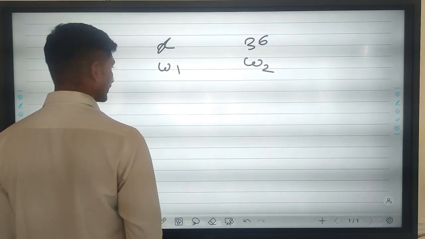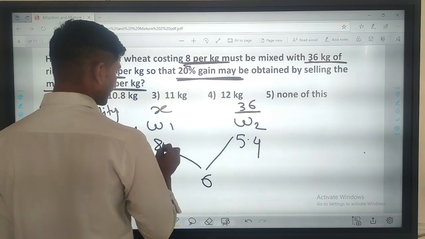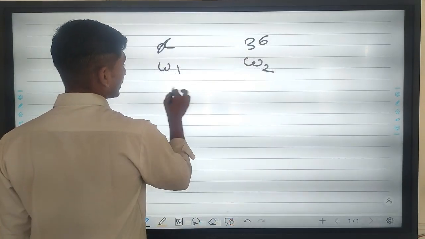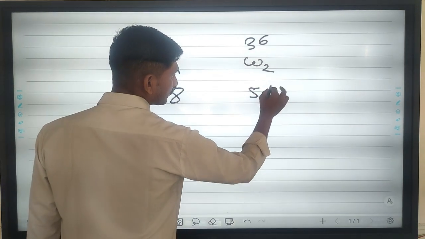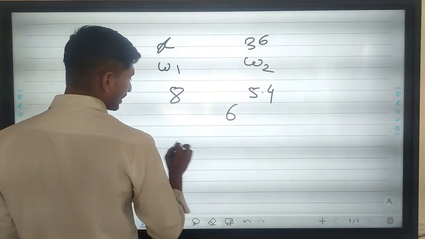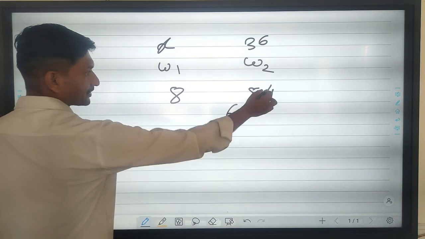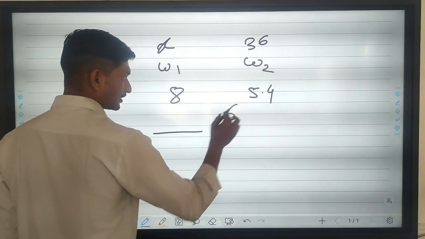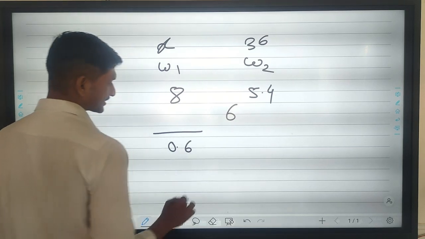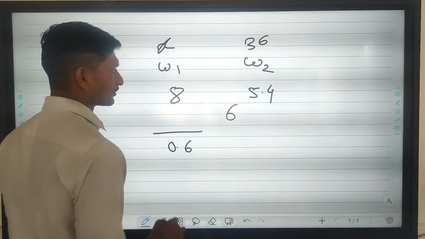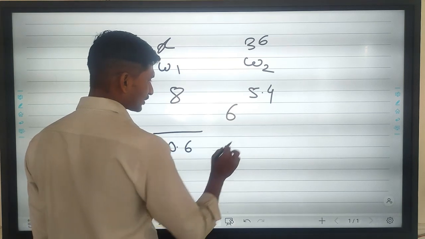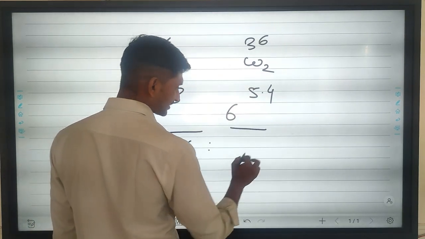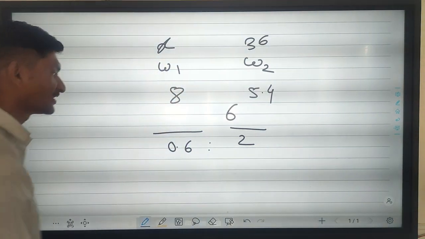We get 8, 5.4 and 6. Now we write the subtraction of these two. 6 minus 5.4 is 0.6, and 8 minus 6 is 2.